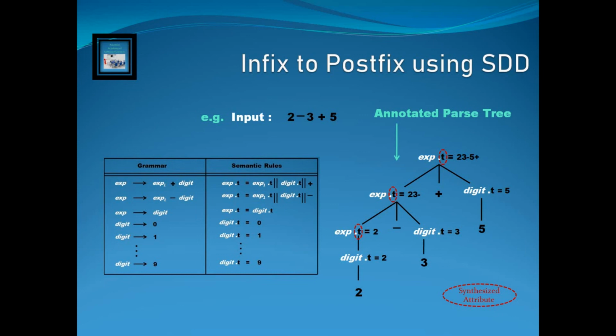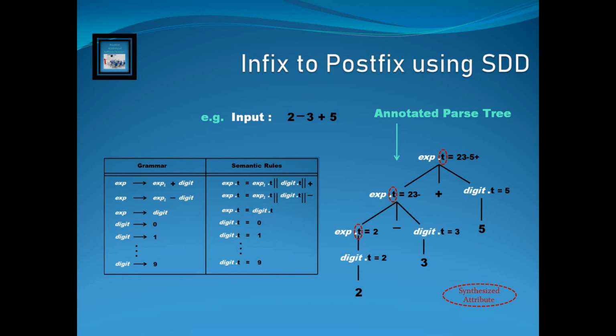Secondly, we see how this process is accomplished. It is accomplished by drawing an annotated parse tree. To draw that annotated parse tree, firstly we have to draw the simple parse tree, and then gradually compute the values of its attributes, and when this is completed, we can say it is an annotated parse tree.